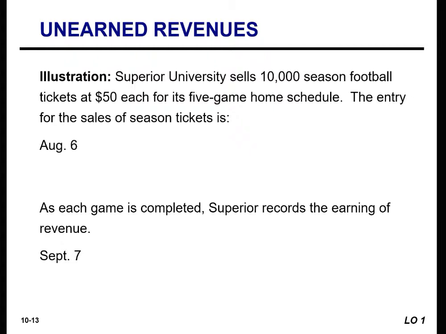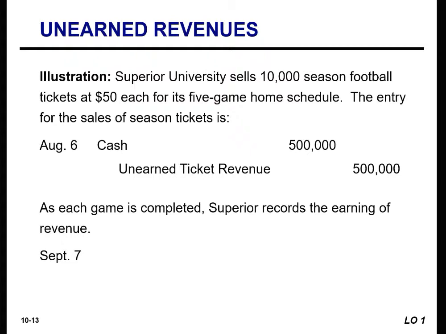So Superior University sells 10,000 season football tickets at $50 each for its 5-game home schedule. The entry to record the sale of the tickets: we sold them for cash, so we will receive $500,000. That is 10,000 times 50. We recognize that as unearned ticket revenue at this point in time.